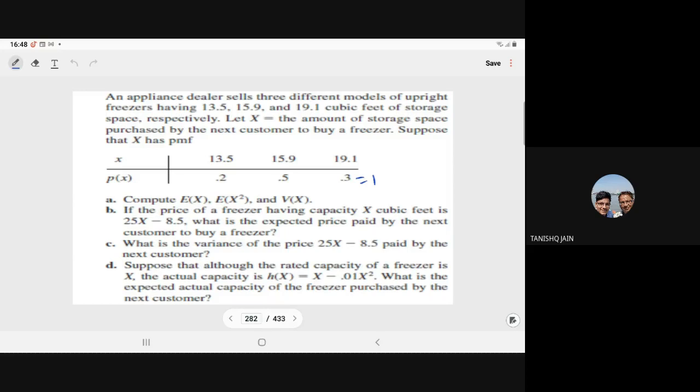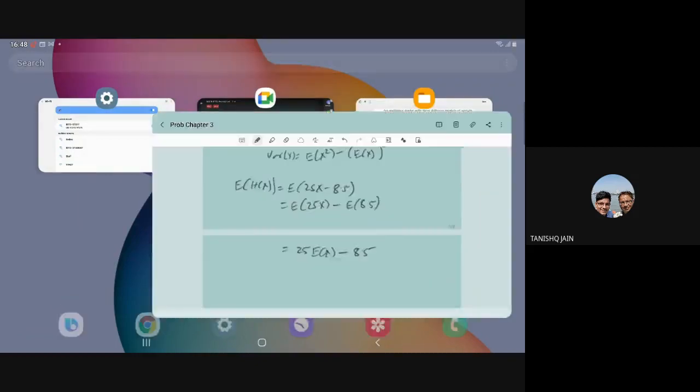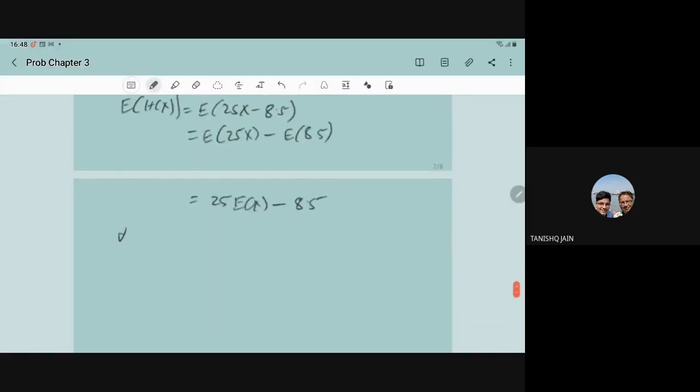What is the variance of the price? Variance of price means variance of 25x minus 8.5. So it will become variance of 25x, and now please take care, here we have to write the plus, then variance of minus 8.5. Never do we use the minus when taking this variance.